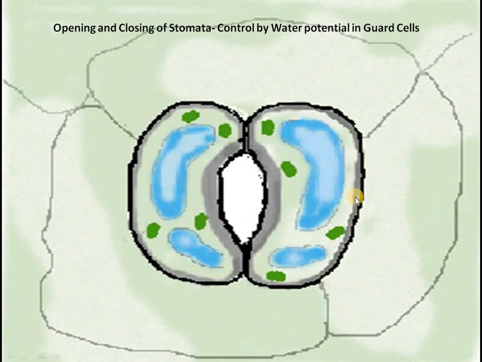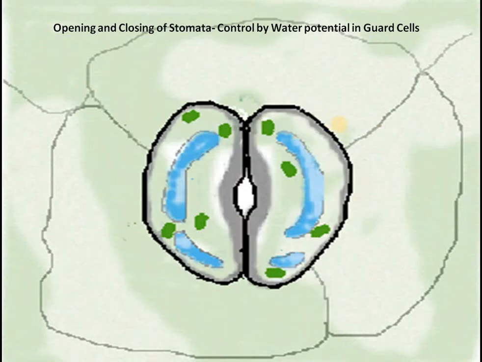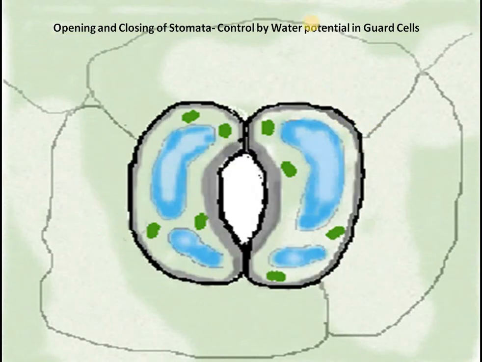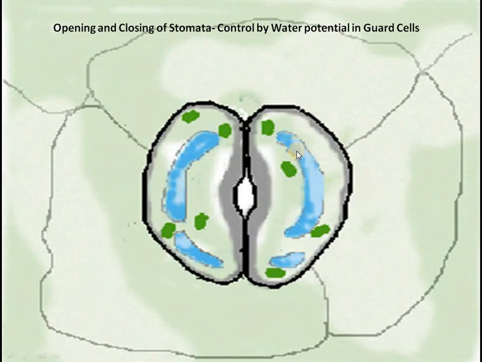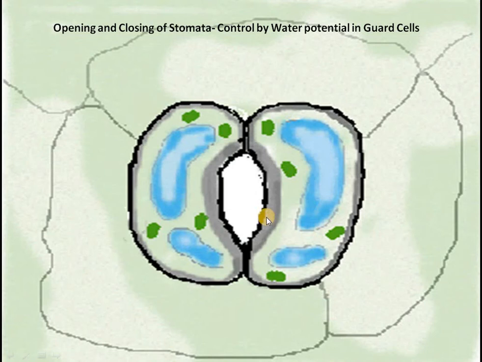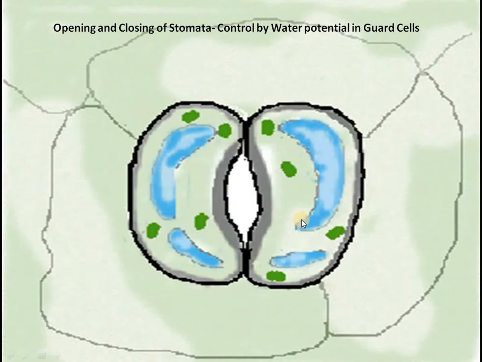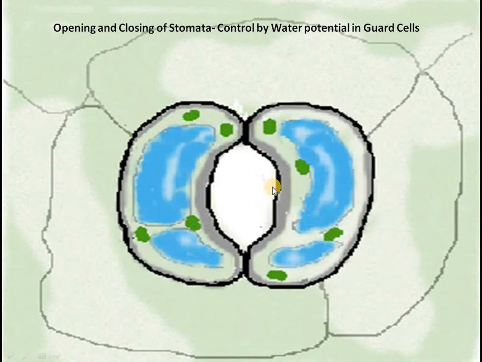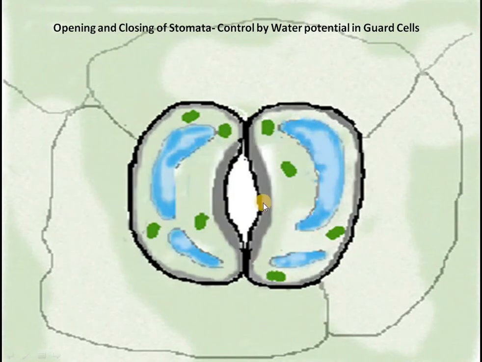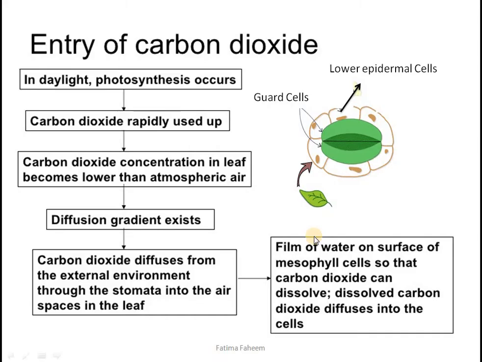This is the animation to help you understand the opening and closing of stomata, which is actually controlled by the water potential in the guard cells. Whenever the guard cells are turgid, stomata would be open, and whenever the guard cells lose water, the guard cells losing their turgidity would result in closure of the stomata.